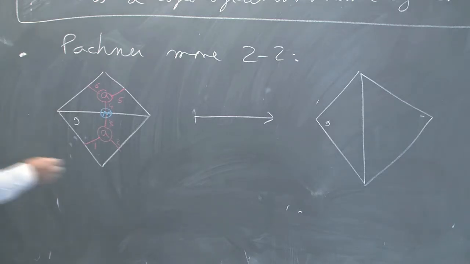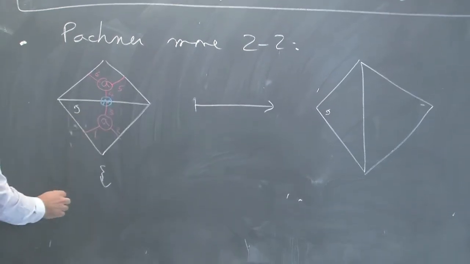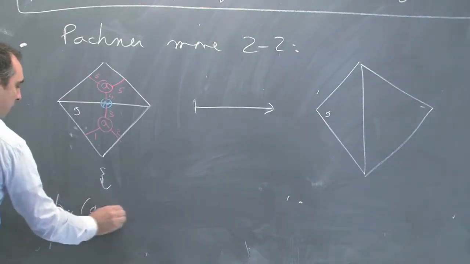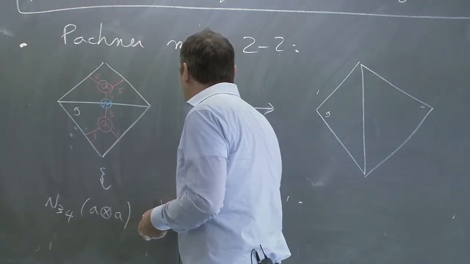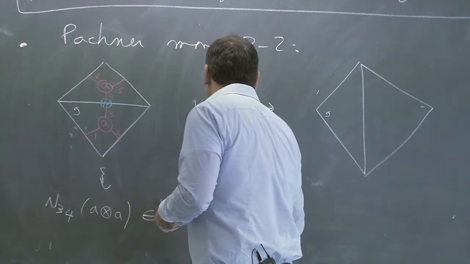So this gives, so we contract the factors 3 and 4. So μ_{3,4} of A tensor A belongs to, let's say, V1 tensor V2 tensor V3 tensor V4.